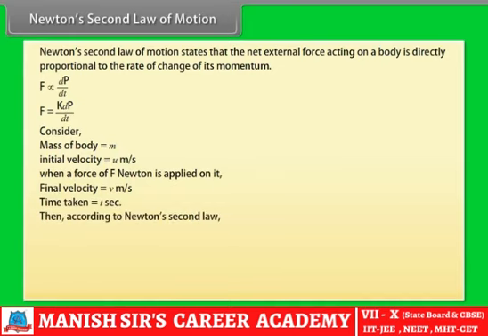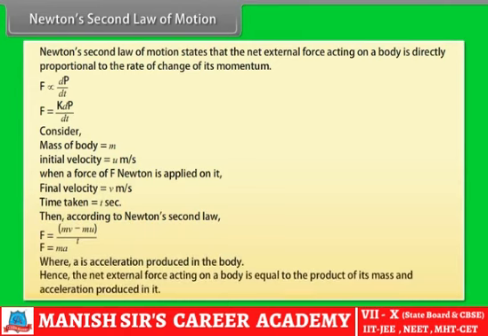Then, according to Newton's second law, F is equal to (mv minus mu) divided by t. F is equal to ma, where a is the acceleration produced in the body. Hence, the net external force acting on a body is equal to the product of its mass and the acceleration produced in it.